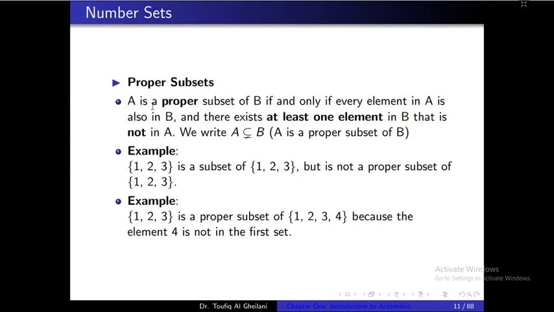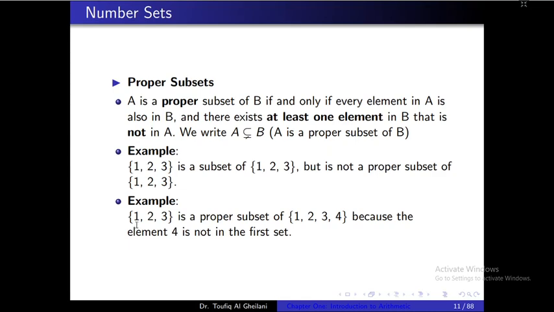Proper subsets. A is a proper subset of B if and only if every element in A is also in B, and there exists at least one element in B that's not in A. We write A is a proper subset of B. Example, 1, 2, 3 is a subset of 1, 2, 3, but it is not a proper subset because there is not any element missing, since all elements here are also included here.